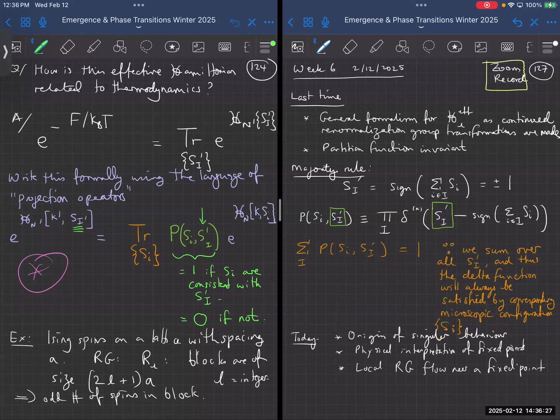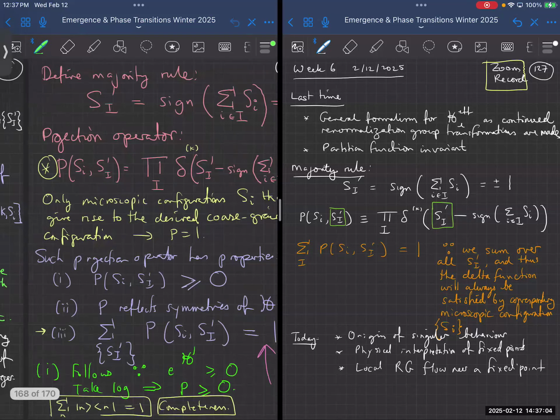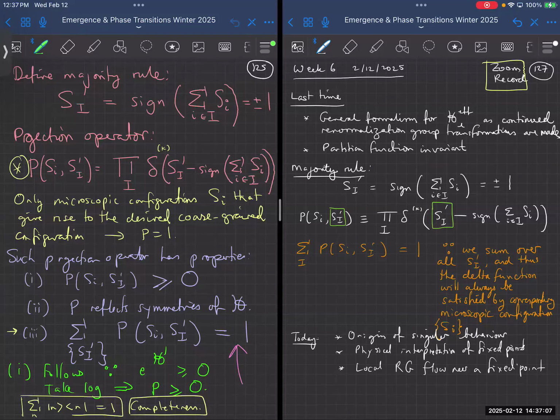If I choose a coarse grained configuration S prime, and I specify the coarse grained values, then I sum over all the possible microscopic configurations, and only those configurations that are consistent with a coarse grained description that I have imposed will give me a factor of 1, otherwise I'll get 0. And then when I do that, that gives me something which I called e to the Hamiltonian H prime, that is the coarse grained Hamiltonian, and we discussed its properties explicitly using the majority rule renormalization group transformation.